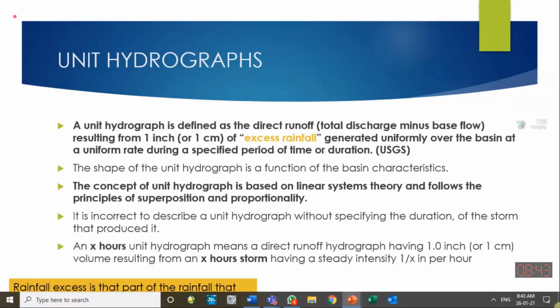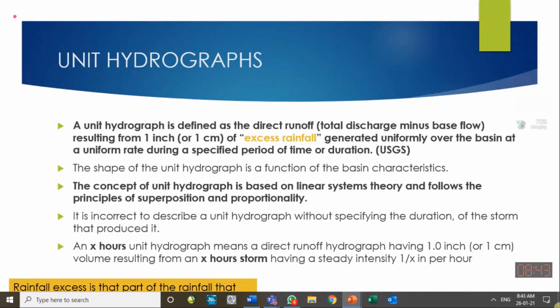So if I have a unit hydrograph of 1 hour, it will have 1 inch volume of rainfall in 1 hour. If I have a unit hydrograph of 3 hours storm duration, it will have 1 inch rainfall volume in 3 hours. So the 3-hour unit hydrograph will have the same volume as the 1-hour unit hydrograph, 1 inch.